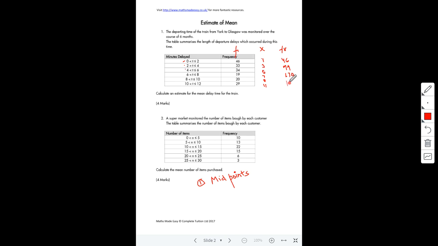Yes. For next, 9 into 20, 180. And 29 into 11. Is it 319? Yes.